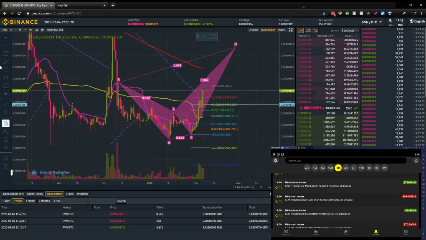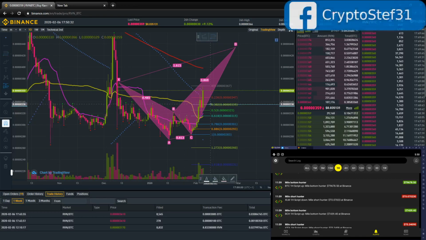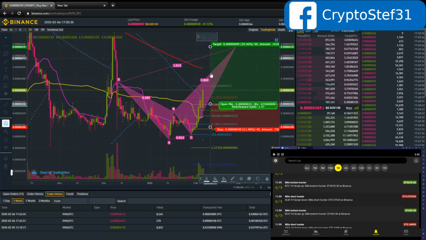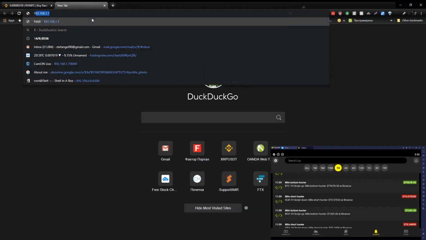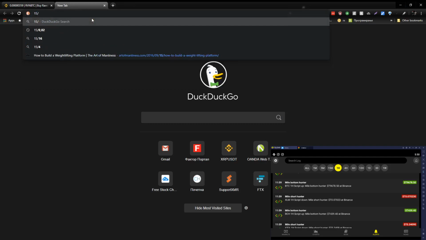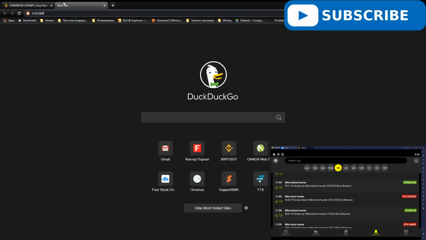So let's put a long position from right there. My target will be right there, and my stop will probably be this low. So you know how to do it. So 15% divided by 0.068, or how much was it? 6.25.